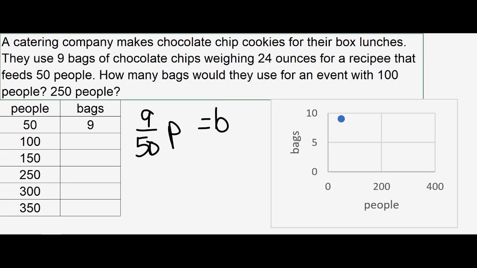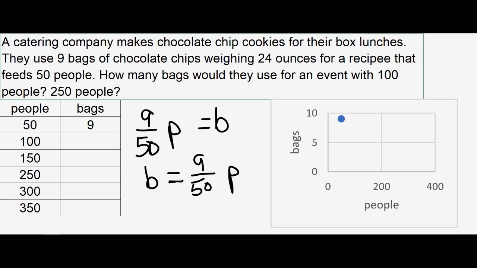And in your work with the computer, you're probably seeing it this way more often, 9 over 50 times p. So we just take the number of people multiplied by the constant of proportionality, or constant of variation, or just constant.